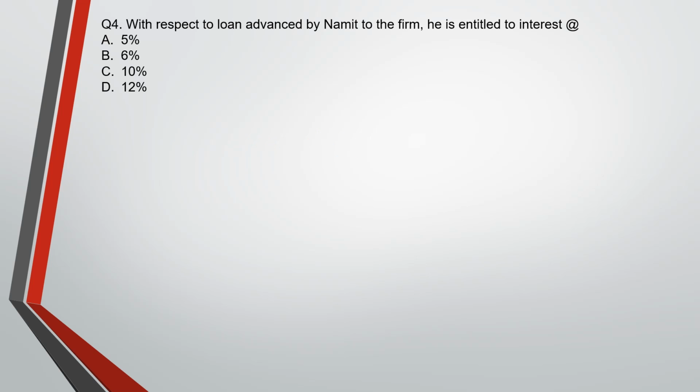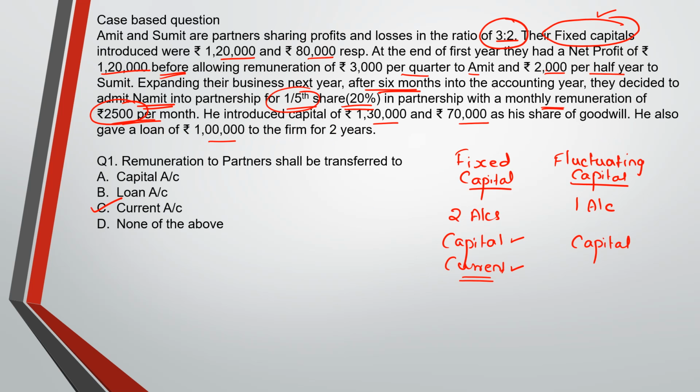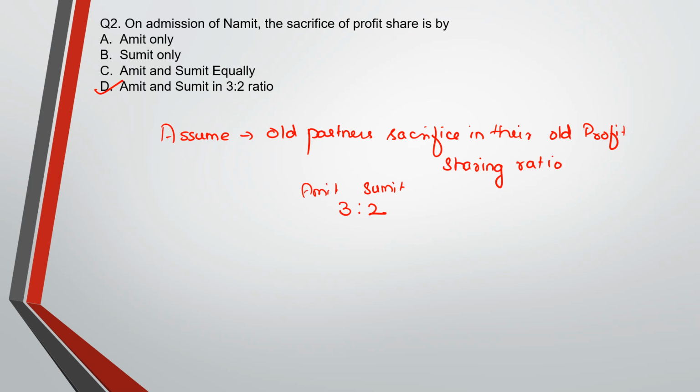With respect to the loan advanced by Namit to the firm, he is entitled to interest. Now, if you look at the question, they have said he also gave a loan of 1 lakh to the firm for 2 years. So he has given a loan in addition to his capital to the firm.